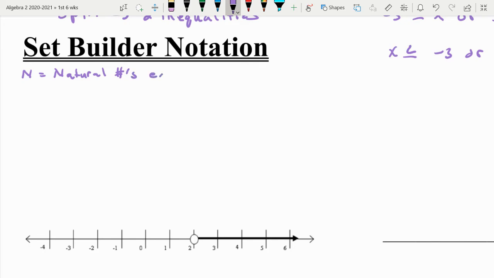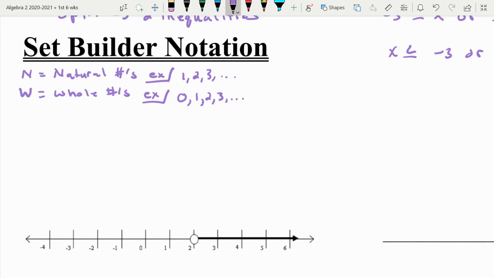An example of that is 1, 2, 3, and so on. Then we have big W, these are whole numbers. An example of that is 1, 2, and 3, but we include 0.